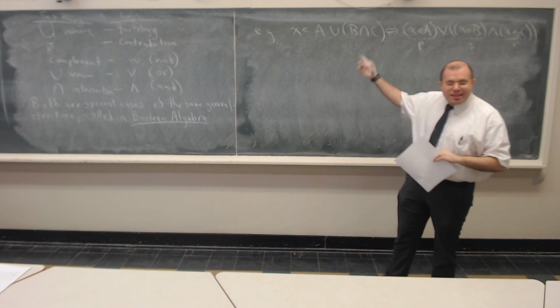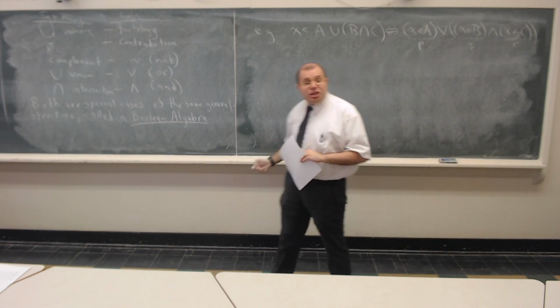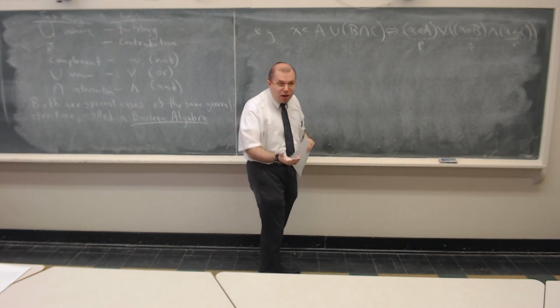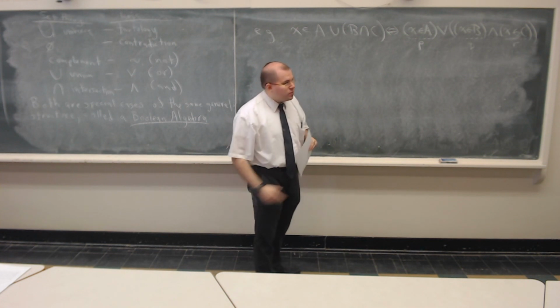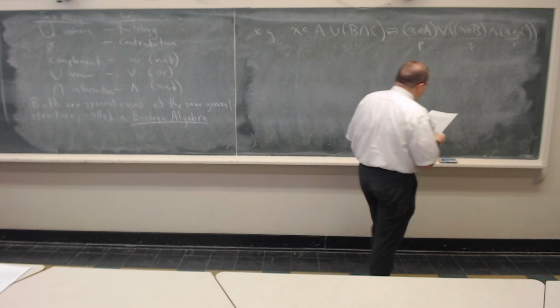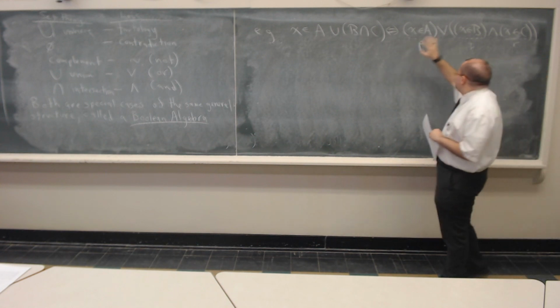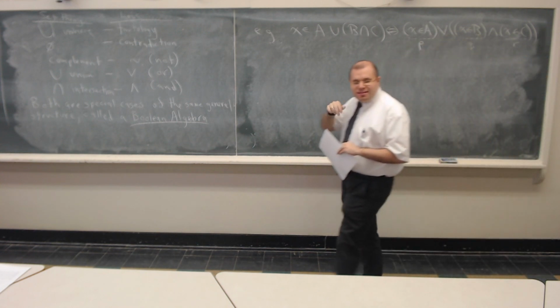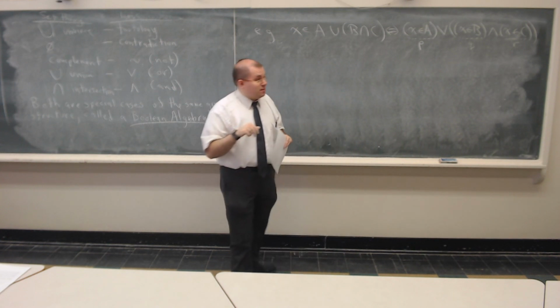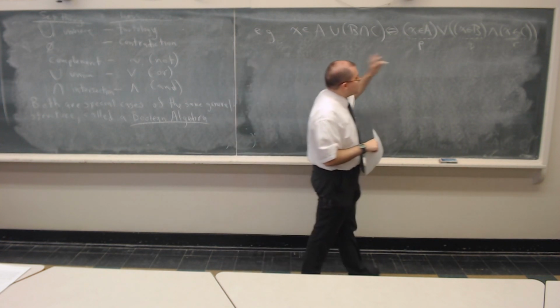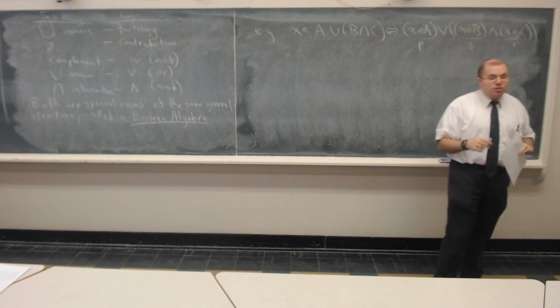So if I give you a set theoretic statement, I can actually convert it to a statement of logic and test it in that way. So it's a very powerful idea. So you can replace these set theoretic entities with logic like this. Likewise, you could do the opposite. I could take something that's written in logic and write it in set theory, which is quite powerful in its own right.